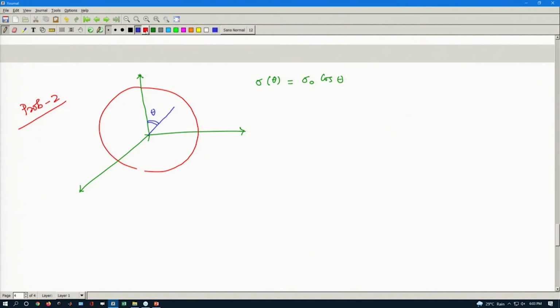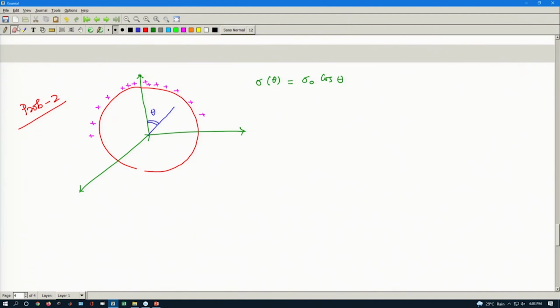So, the positive charge, let us put the positive charge here, is distributed mostly here, and gradually it is reducing, and no charge over this axis, because when theta is 0, there is no charge over the axis.